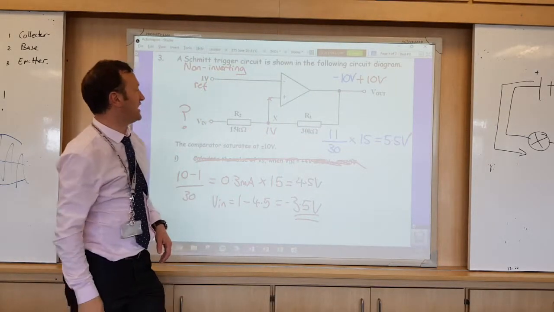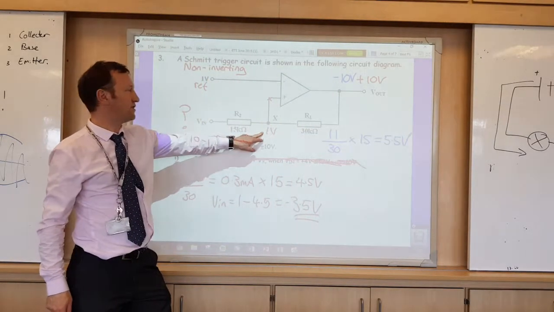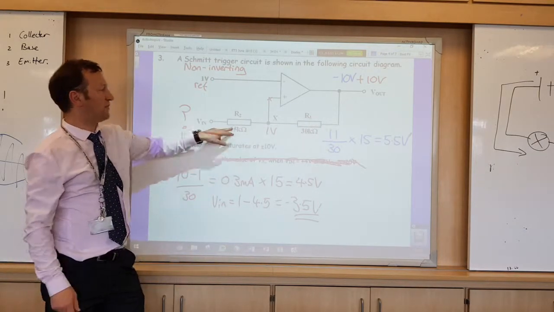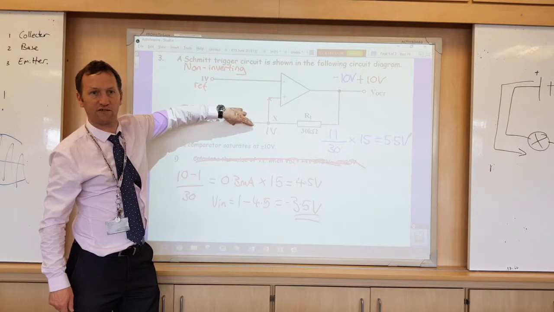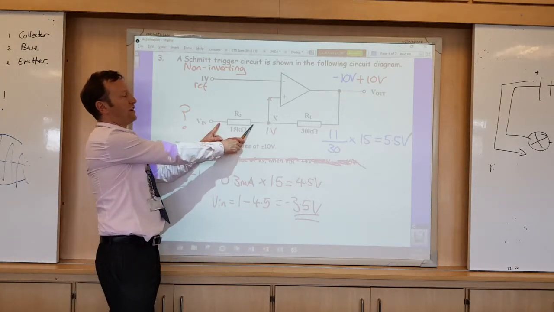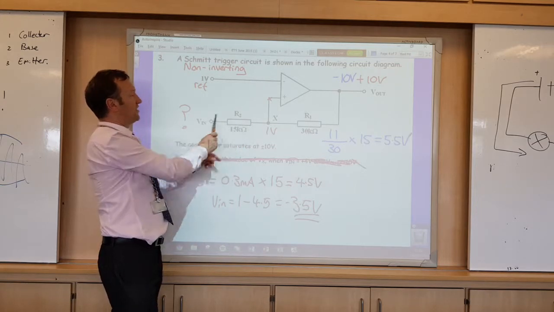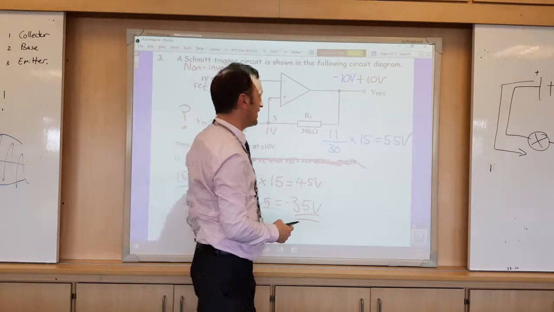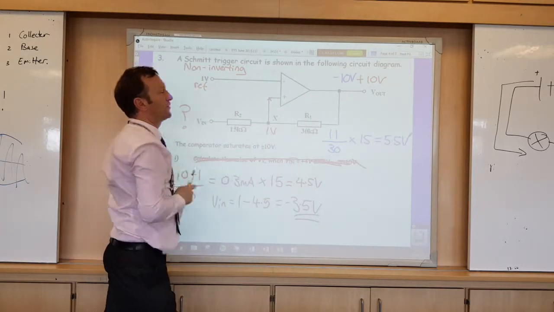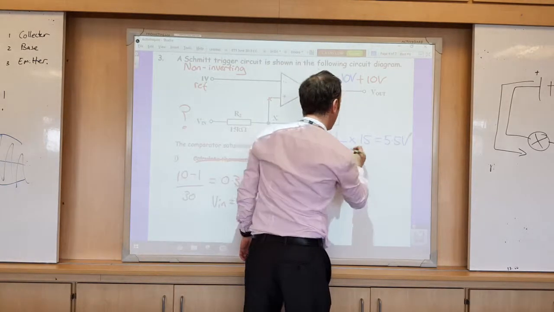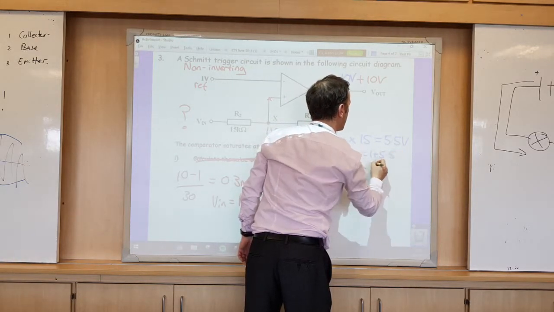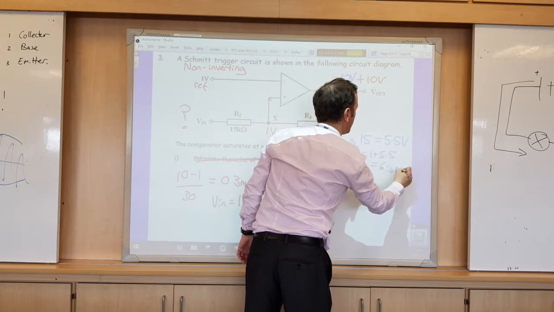I've gone minus 10 to 1, which is 11, divided it by 30, giving me the current, and multiplied it by 15 to find the voltage across that resistor. That gives me 5.5 volts. So if we've got 5.5 volts across here, what's the voltage here going to be? 6.5. Yeah, because we've already got 1, and it's on its way up. So V in equals 1 plus 5.5, which equals 6.5 volts.